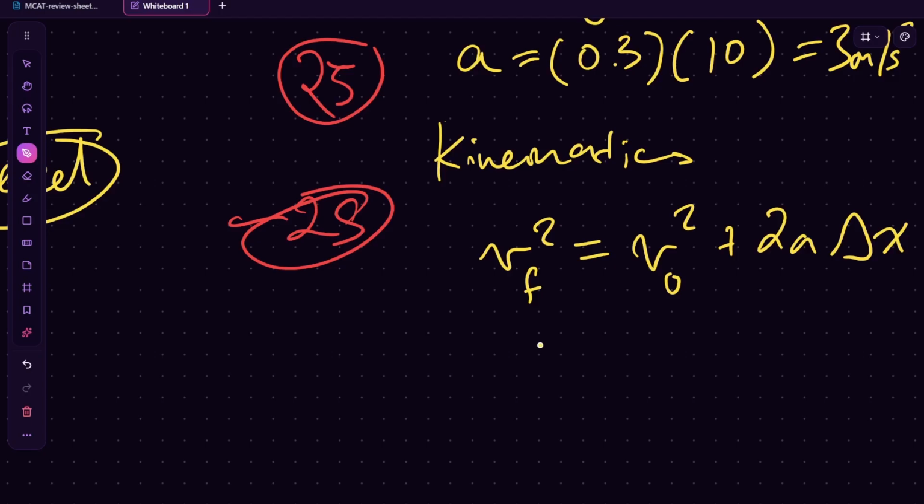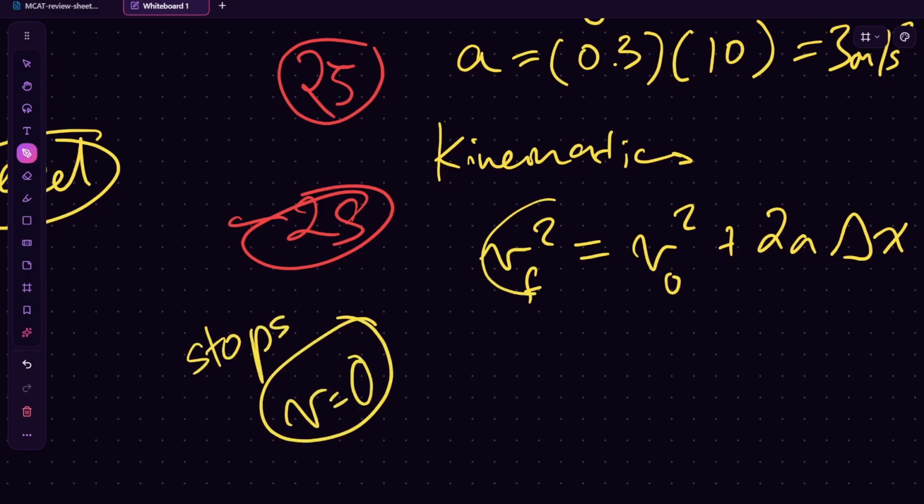We know that our v final is going to be 0 because eventually the box stops. Anytime an object stops, its velocity is equal to 0. So the final velocity of the box is 0, and the initial velocity is where it's moving. So what was the initial velocity of the box? Anyway, we're going to rearrange this to find delta x, the displacement, because that's what the question is asking for.